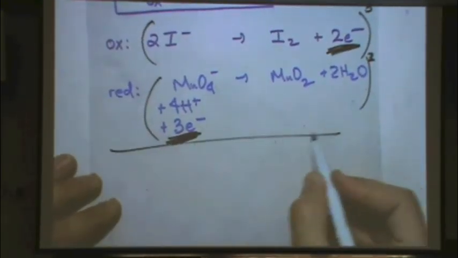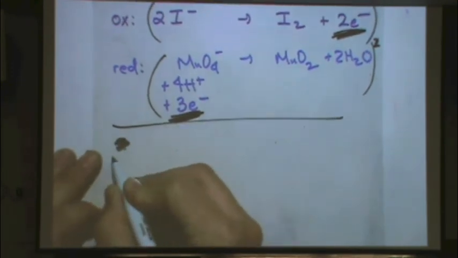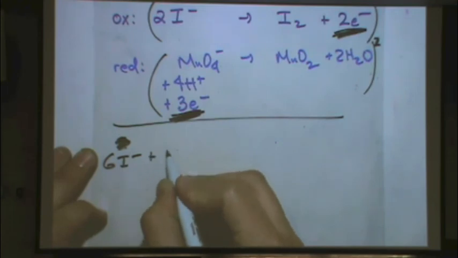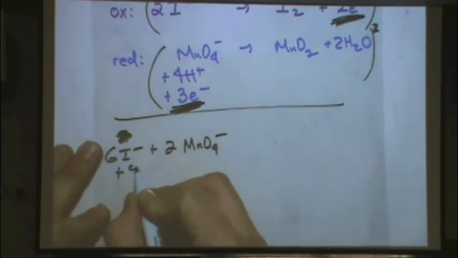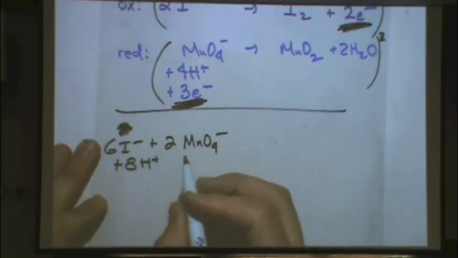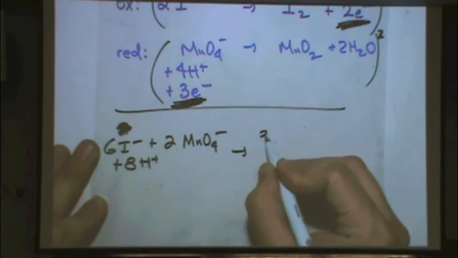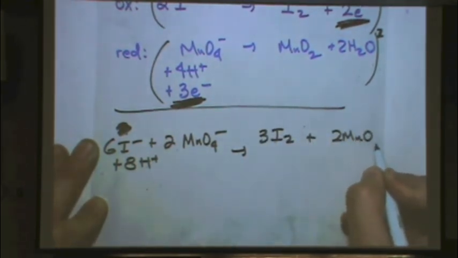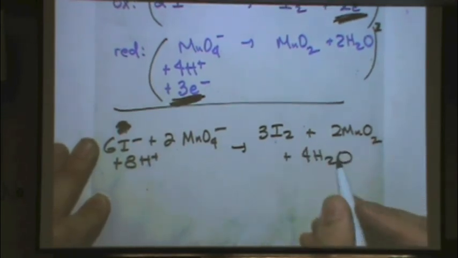So, let's see what I get. 6 iodide ions plus 2 permanganate ions plus 8 H plus ions goes to, now all the products, 3 I2 plus 2 MnO2 or manganese 4 oxide, and then plus 4 water. Is this my answer?